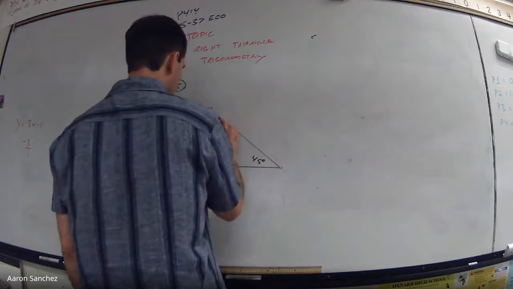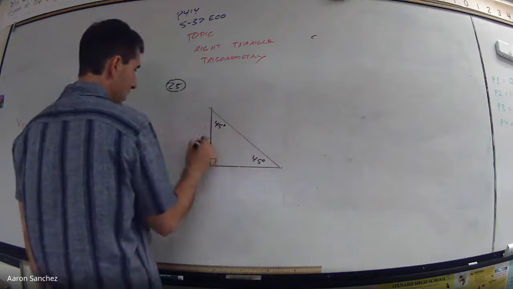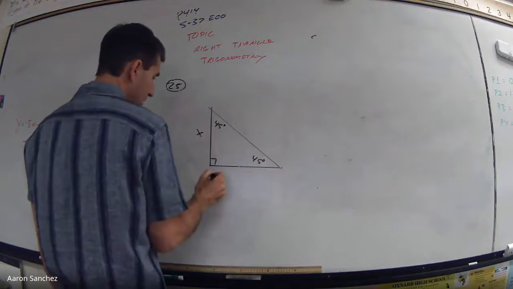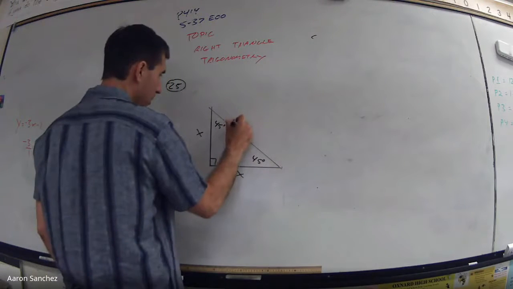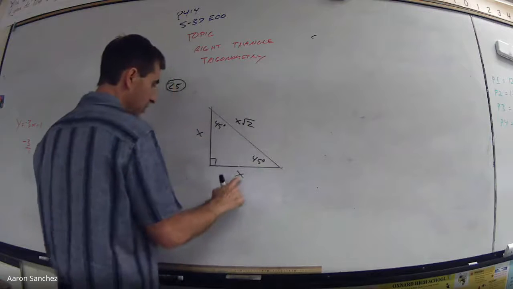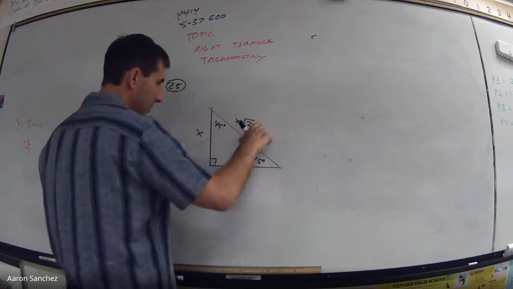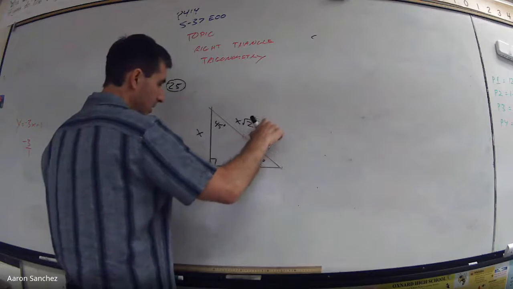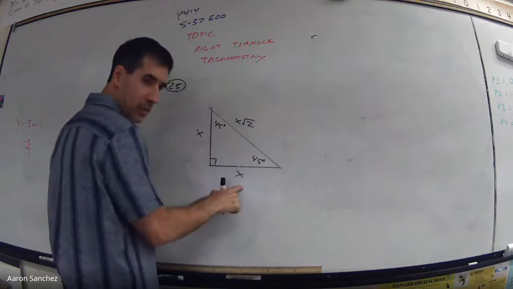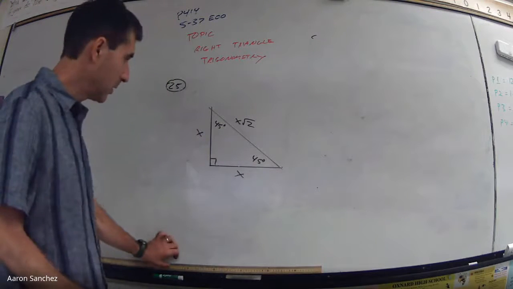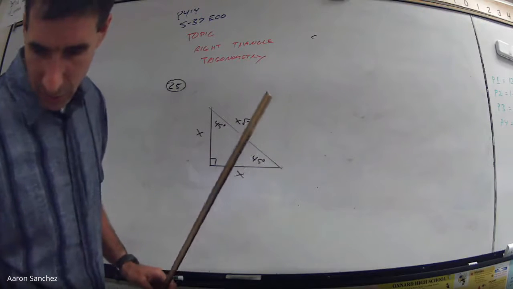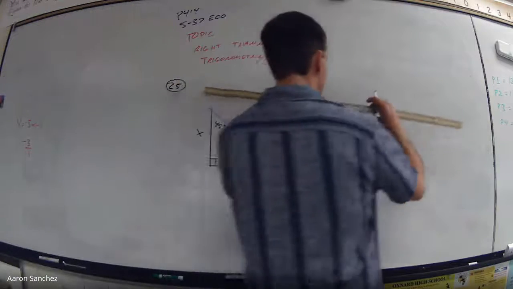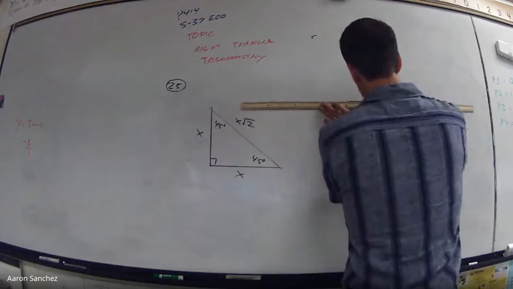This is 45. Now if this side is x, then this side will also be x. So they're equal. And this side will be x times the square root of 2. So if you're given this side, you multiply it by the square root of 2 to get this side. Given this side, you divide by the square root of 2 to get that side. Okay? So that's my 1 minute review. I did it in like 30 seconds. So 25 looks like this. A triangle looks like this.